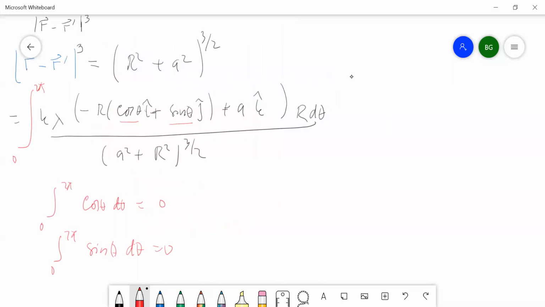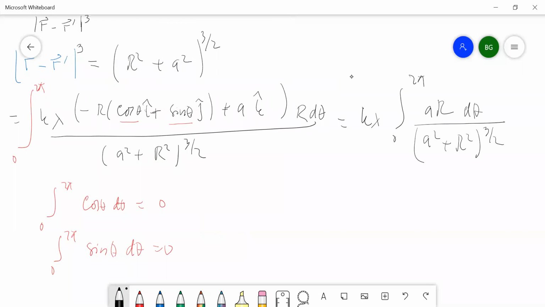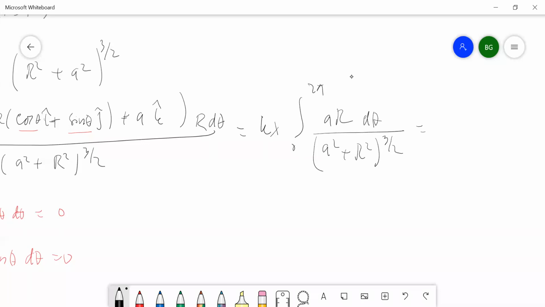Okay, so we are left with K lambda, integral from 0 to 2 pi of A R d theta over (A squared plus R squared). So this should be K lambda R 2 pi.